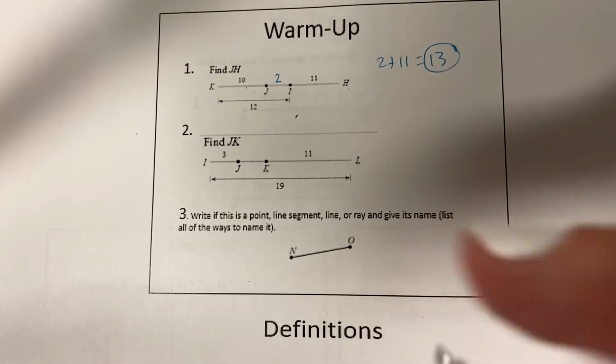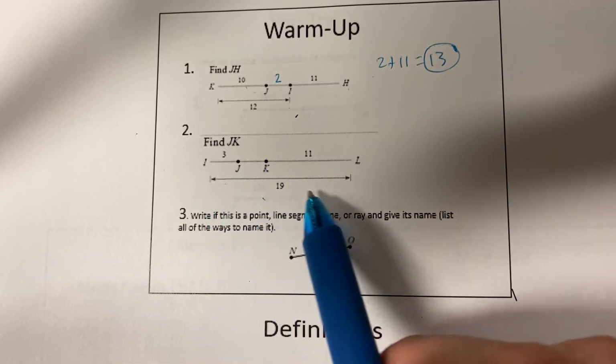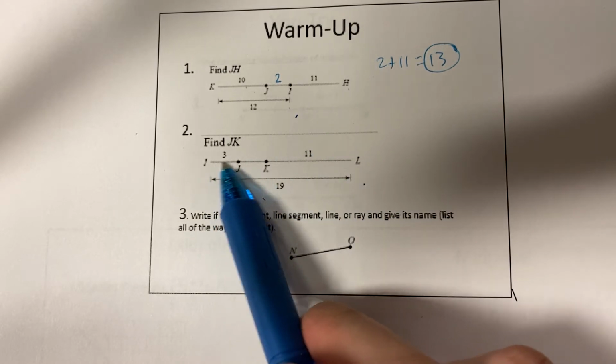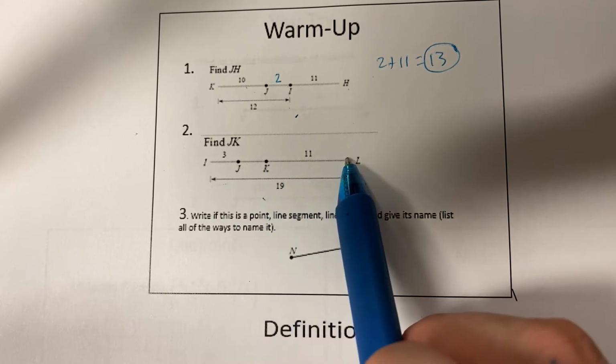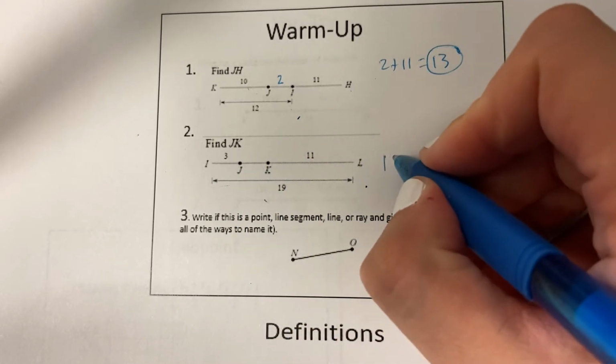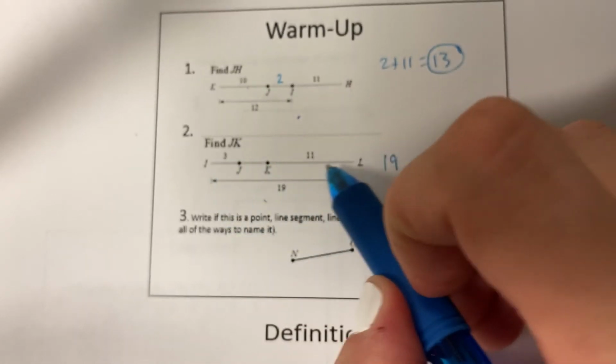All right, going down, we're trying to find JK. If we know this whole distance is 19, and also part of this distance is 3, part of it's 11, and we don't know what JK is, we're going to take 19. If we subtract 3, it'll give me this distance.